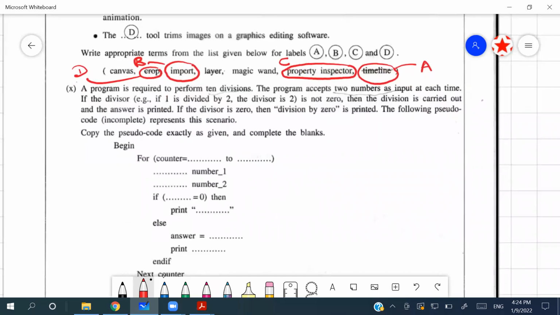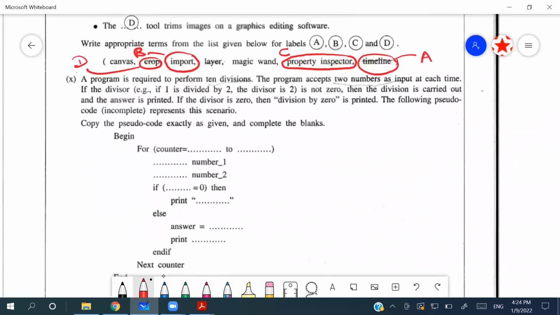Now it talks about 10 divisions. So the counter should be a for loop to iterate for 10 times, right? To iterate 10 times, you can do it in different ways.